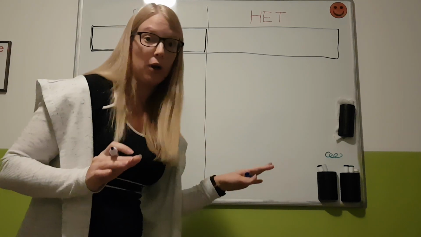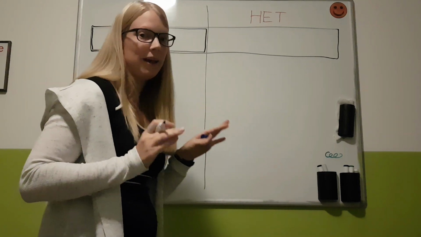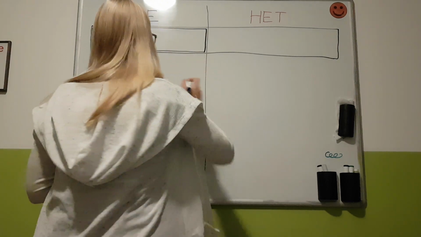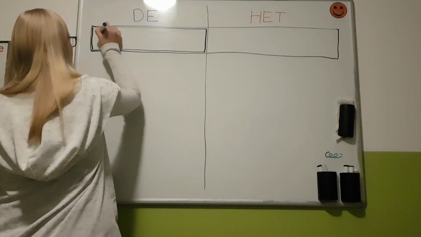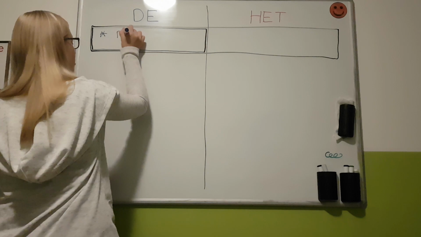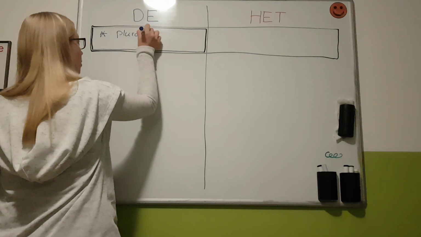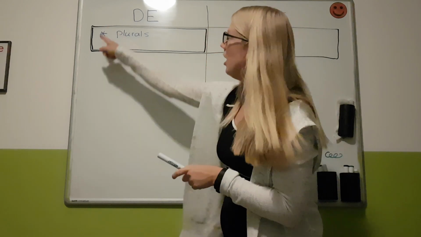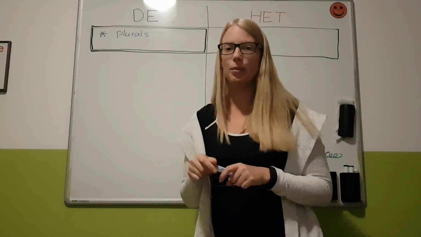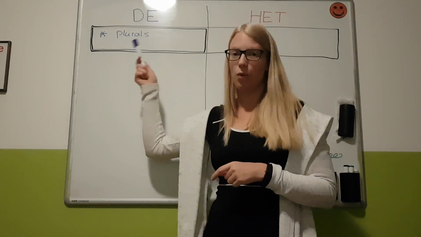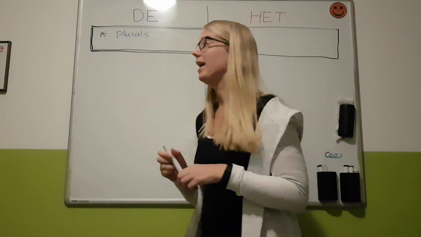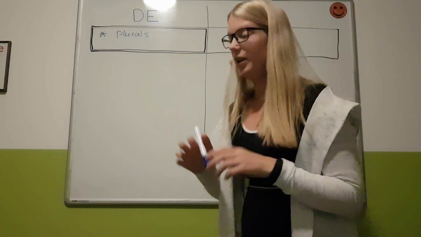As soon as a word is plural, it becomes automatically always de. Right? Always. Really, there is no exception to this rule. So plurals are always de. Okay? I have this double lining here because this is the very most important and the most dominant rule. Later I will get back to that, what I mean with dominant. Okay?